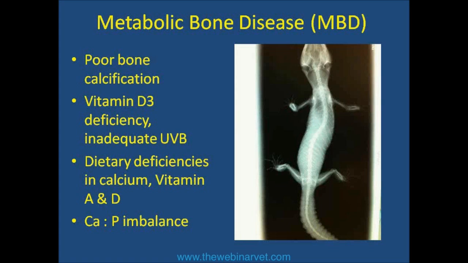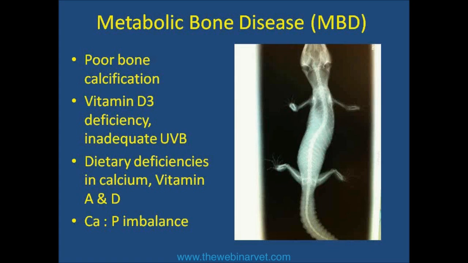And what we see on a typical case of metabolic bone disease on a radiograph, it hasn't reproduced perfectly in this presentation, but you can appreciate that the digits, the extremities of the animal, are a little bit washed out and radiolucent compared to the axial skeleton, the skull and the spine.